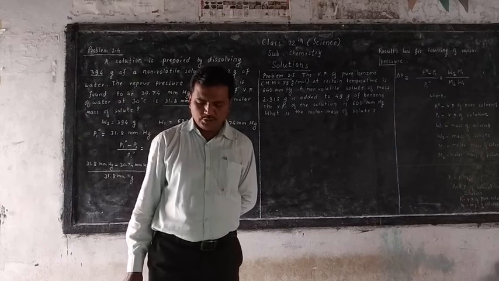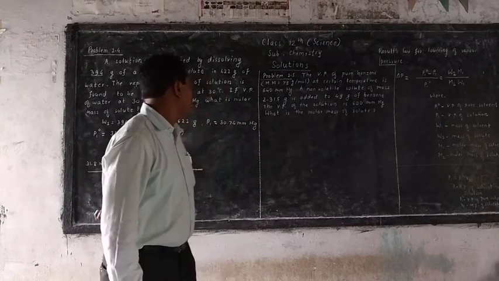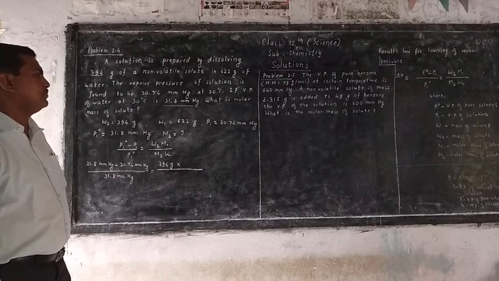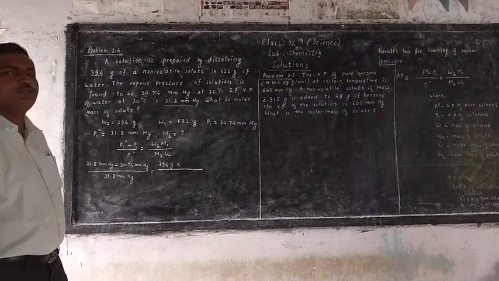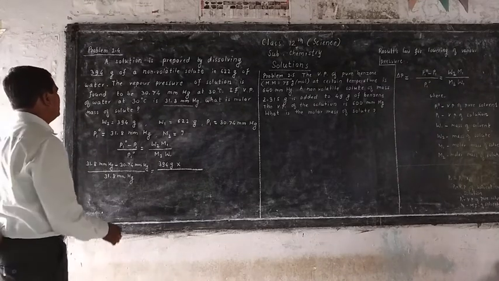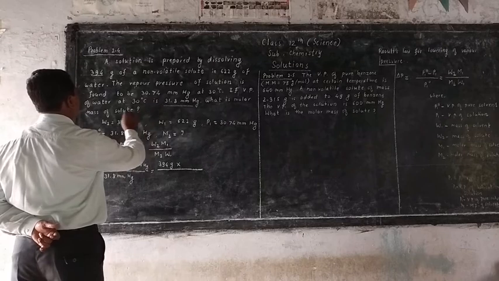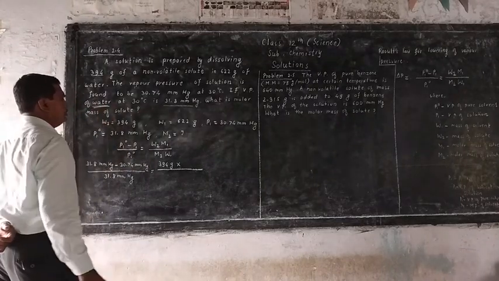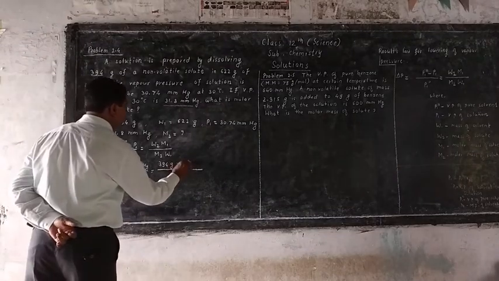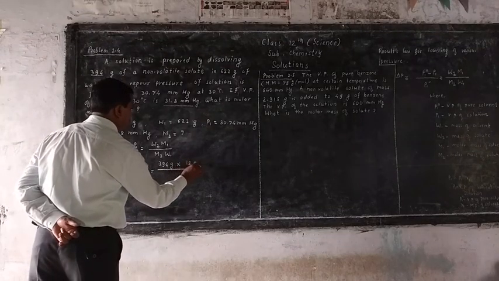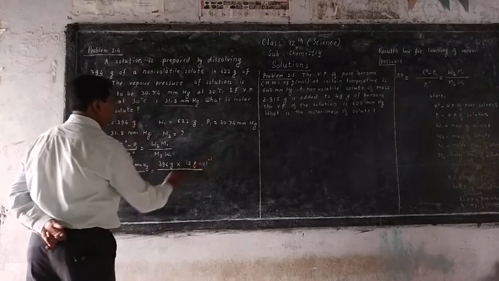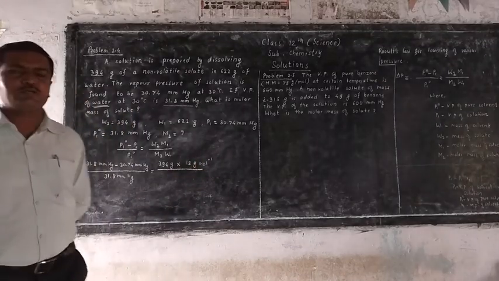Now what is M1? M1 means molar mass of solvent. Which is the solvent in our problem? The solvent here is water. So molar mass of water is 18 gram per mole. The formula of water is H2O.